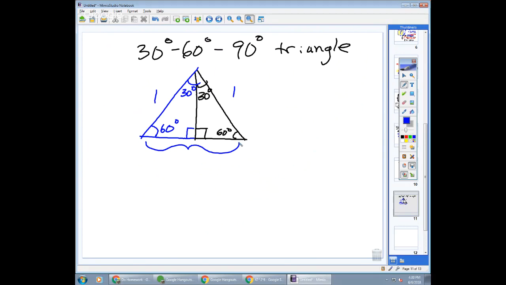It's the same length, it's got to be 1 also. Okay. So if that's a 1, then what does this original small side have to be? It's got to be 1/2. Now, what I don't know yet is the altitude for this original medium length of that triangle right there.